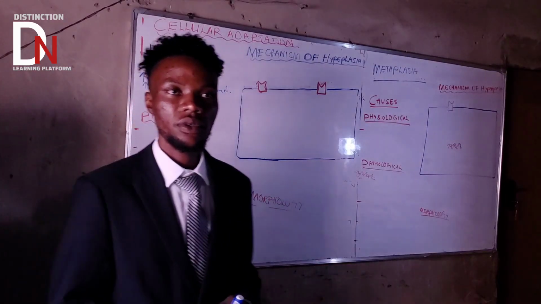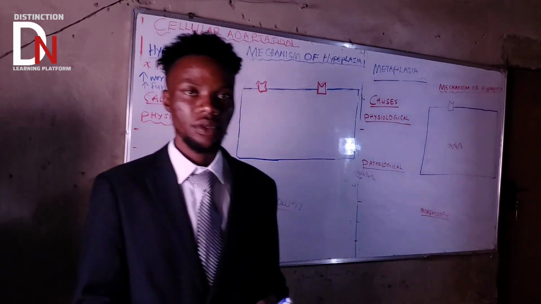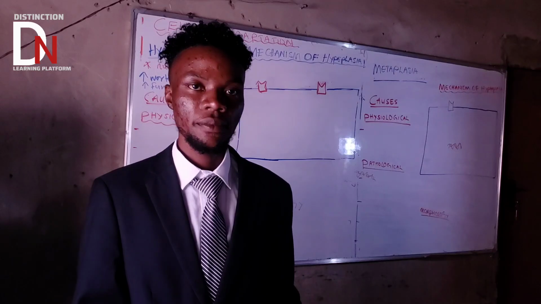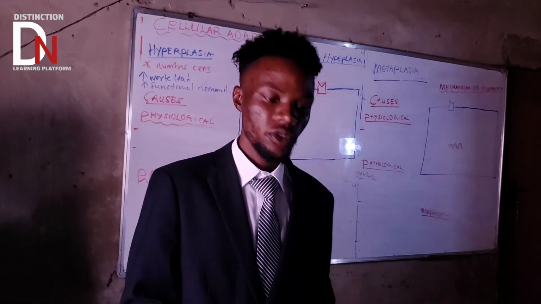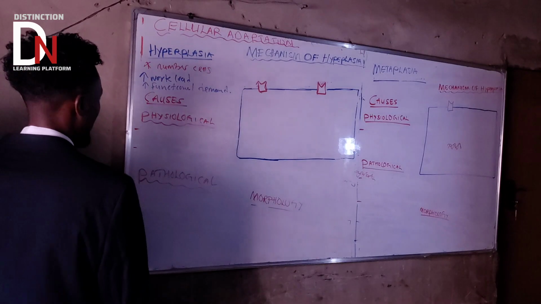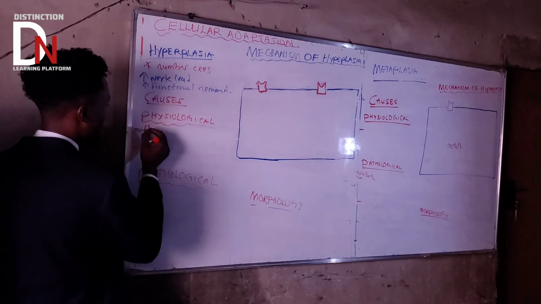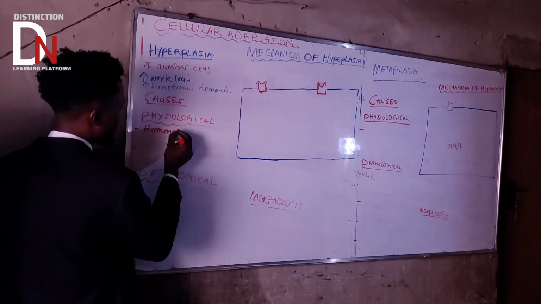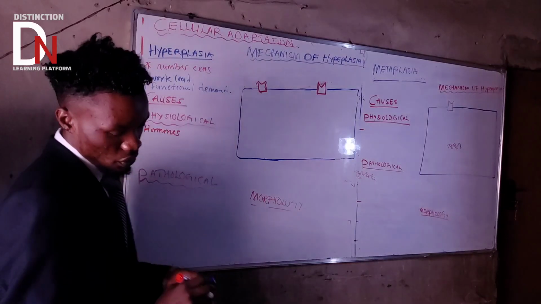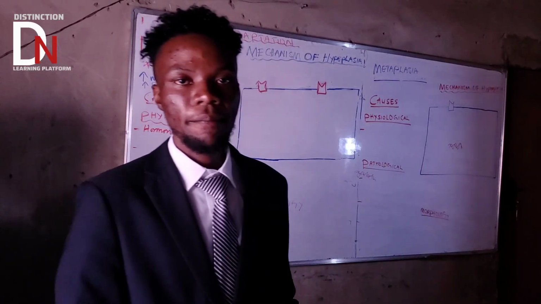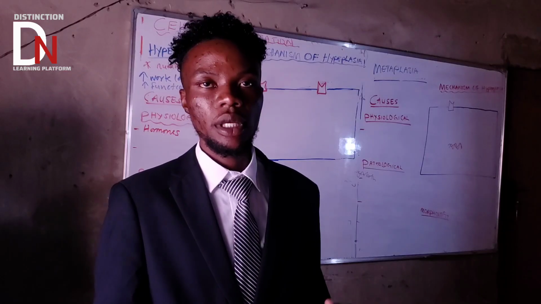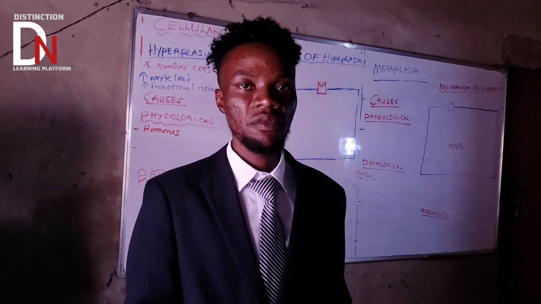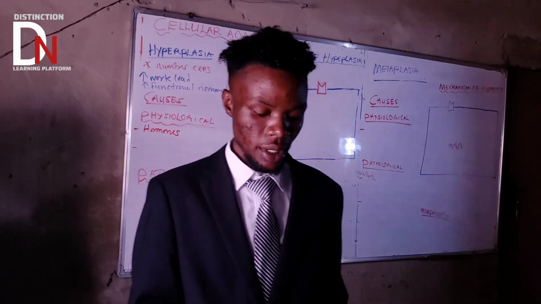So under physiological causes, we'll talk about two causes. Okay, so hyperplasia due to hormonal stimulation. So hyperplasia due to what? Hormones, not excessive, but normal hormones. So if you look at females, there is hyperplasia of the glandular epithelium of the female breast, due to what?